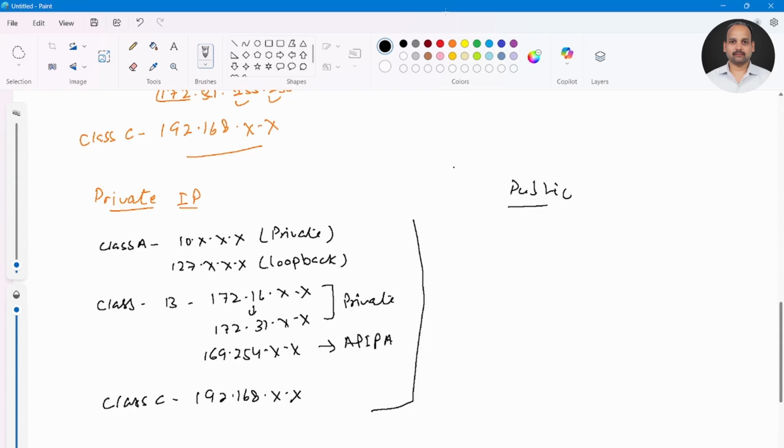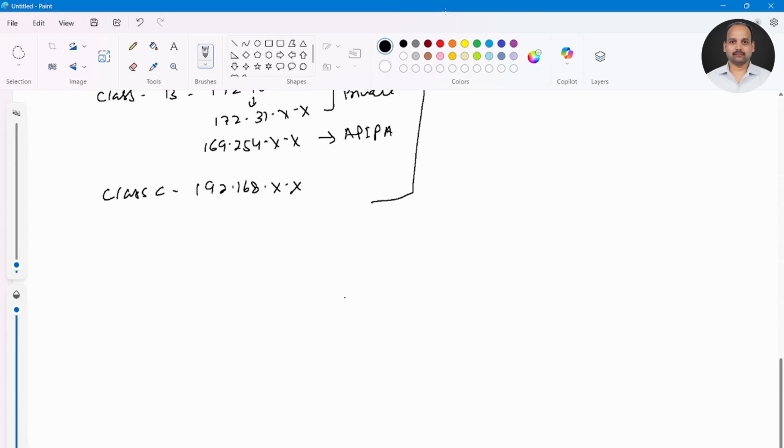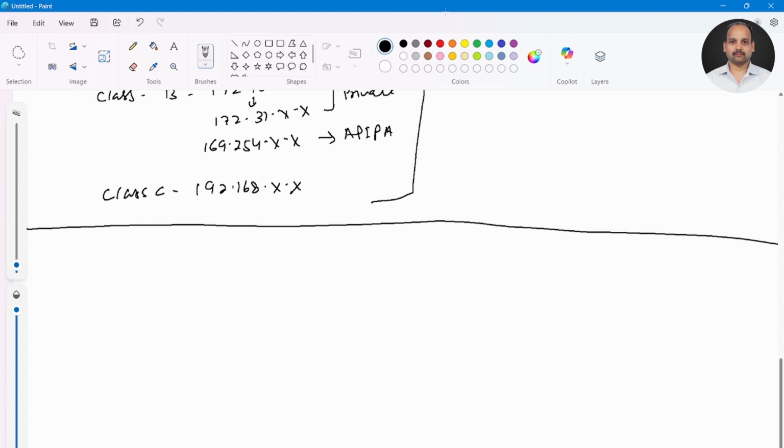Because we can't use class D and class E. So this was about the IP address class classification, how the IP space was divided into classes, class A to class E.